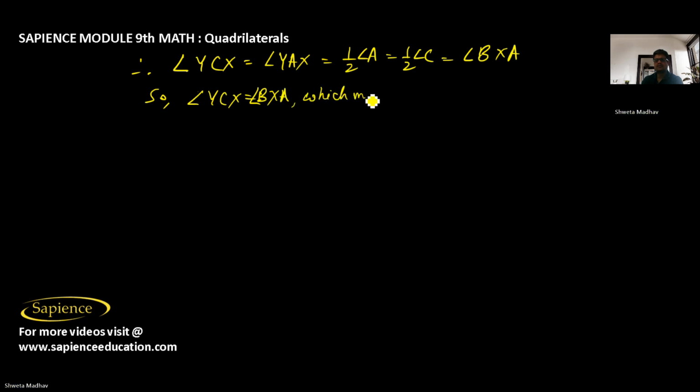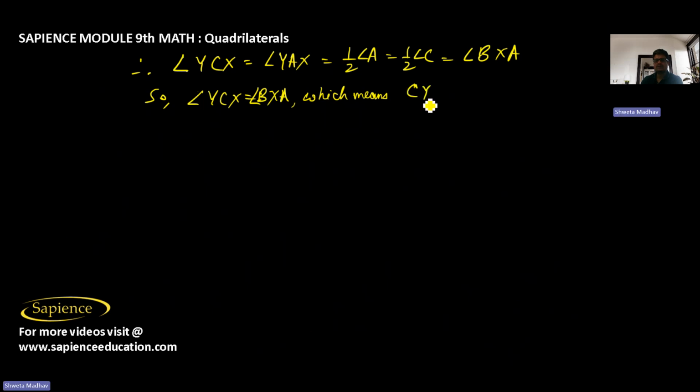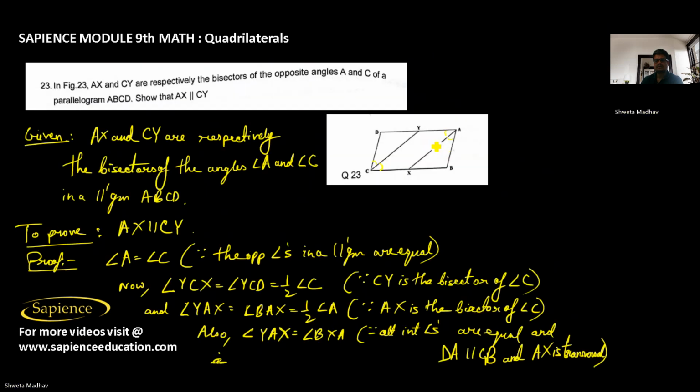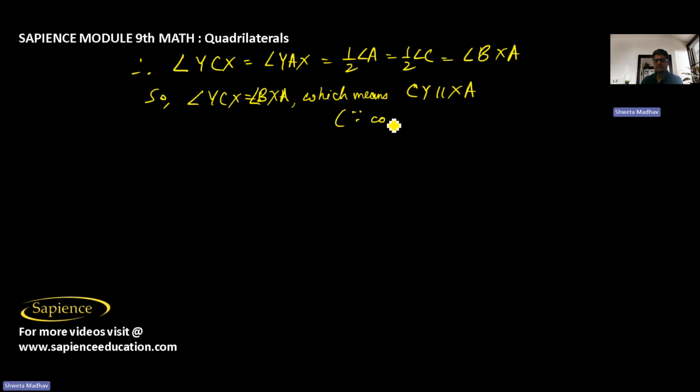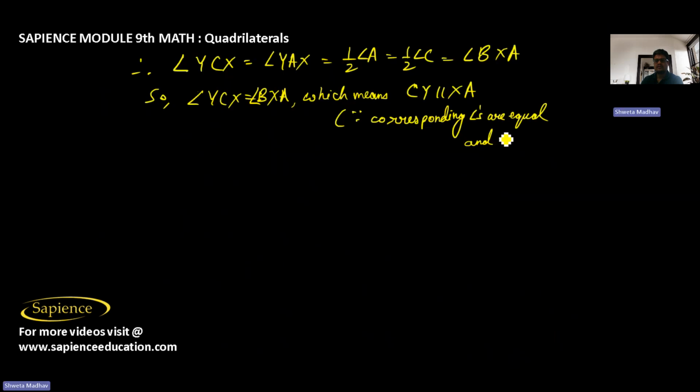It means that CY is parallel to XA. Hence, CY is parallel to XA, since these two angles are equal, BXA and YCX, and the reason is that corresponding angles are equal, and CP is the transversal.